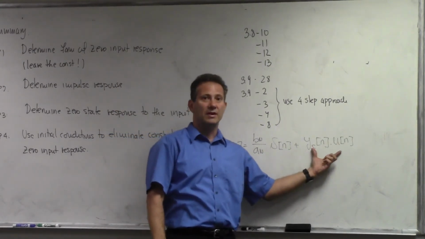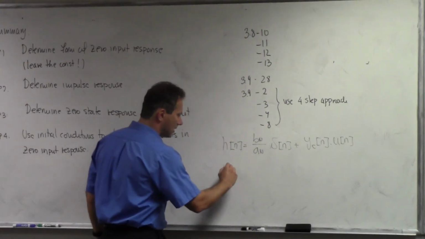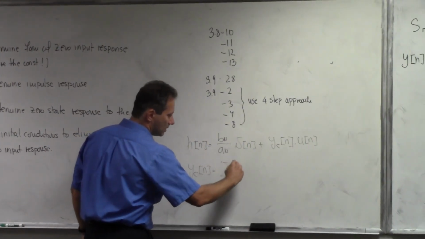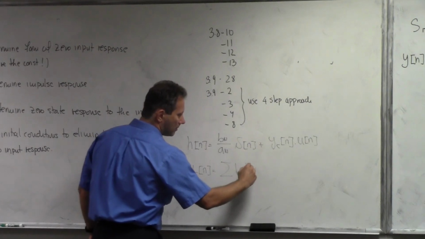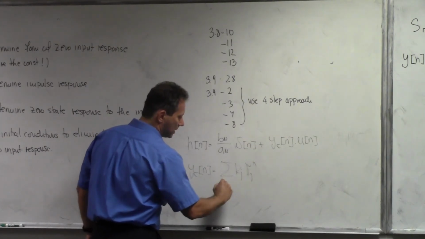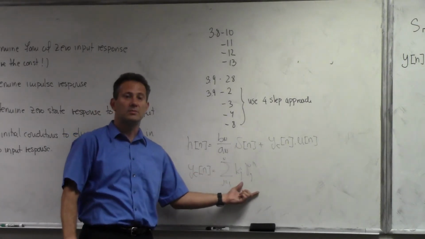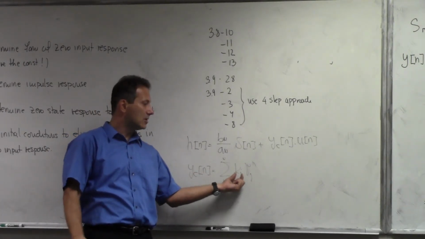Now for Yc of n, you know that Yc of n are your natural responses. So it's going to have some kj gamma j to the n, where j goes from 1 to n. You're going to have n terms here. And the question is how you determine these.